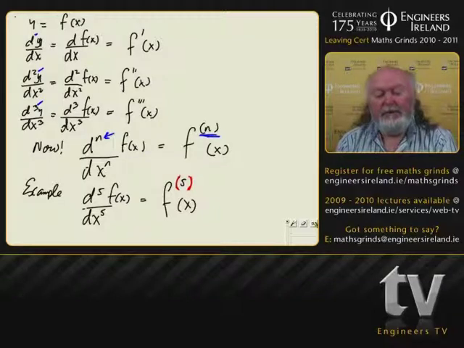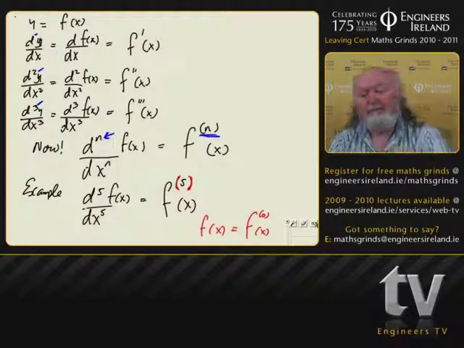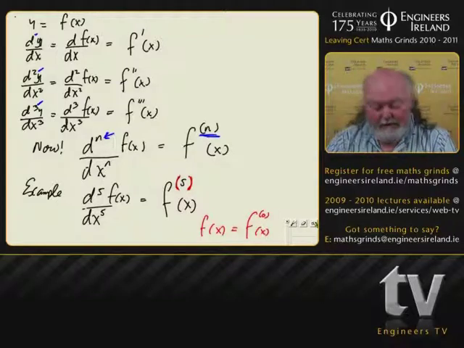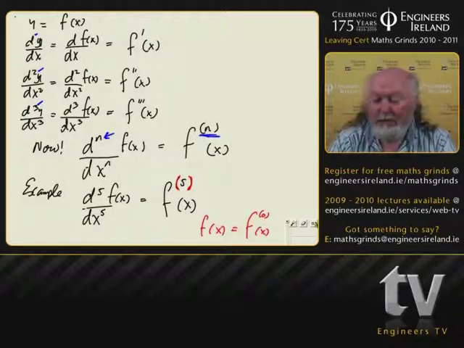And by that token we can also state that the function itself, we could actually refer to it as f0 at x. It's just a little addition to the thing, it's not massively important.